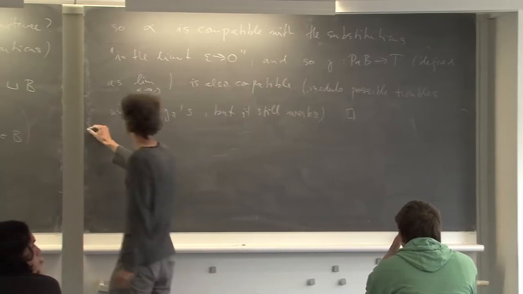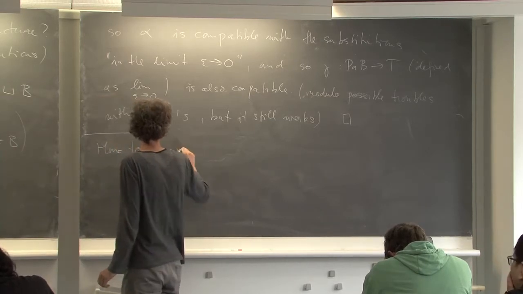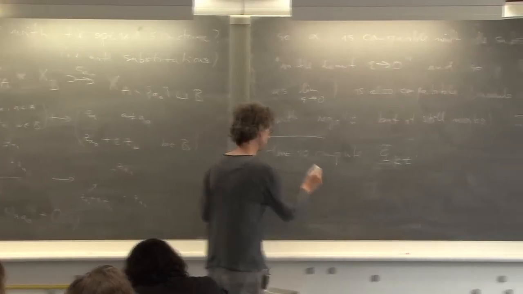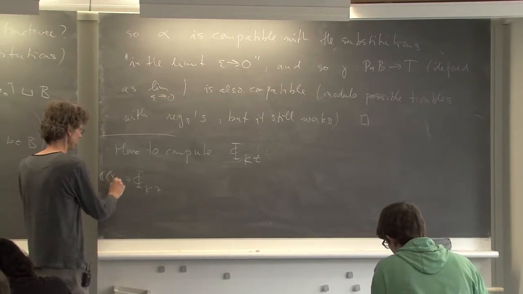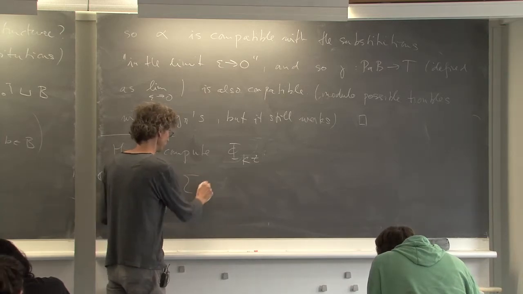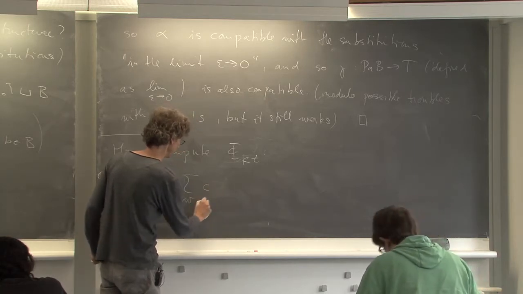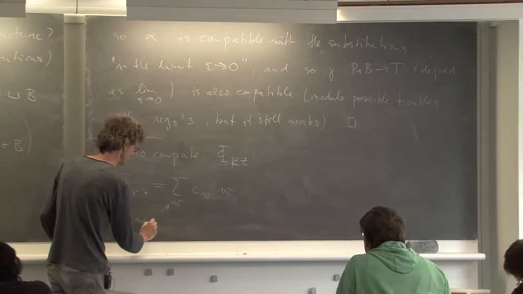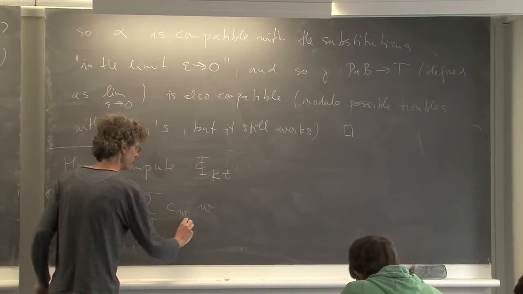So how to compute? Phi KZ. First of all, you see, since it's a formal power series, then necessarily it's just a thing which is of this form, that is the sum over all words, c_W times W. These are words in X and Y, and these things are complex numbers.